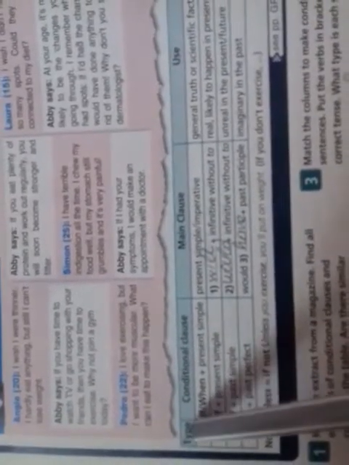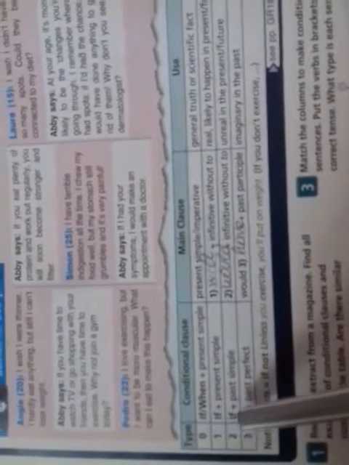So as you can see, in this table are included all types of conditionals, starting from type 0, type 1, type 2, and type 3. So let's look into the content of each conditional type. As you can see, this table here is divided into two parts, which is the conditional clause and the main clause.